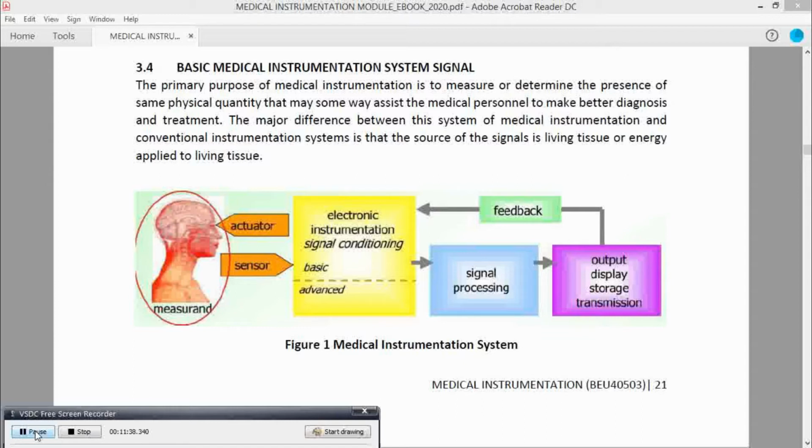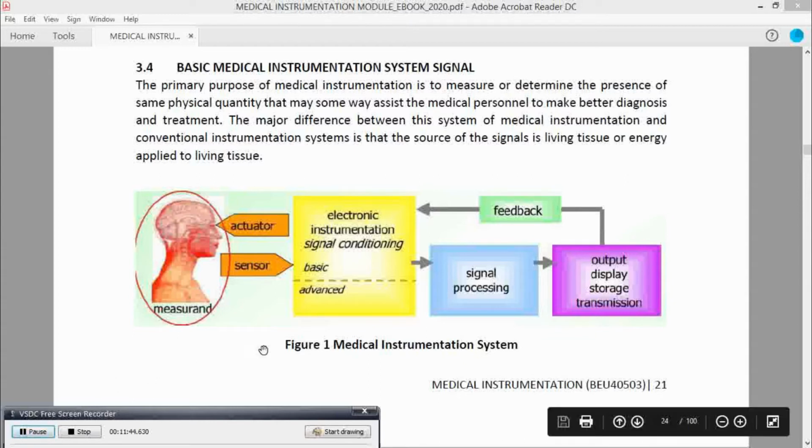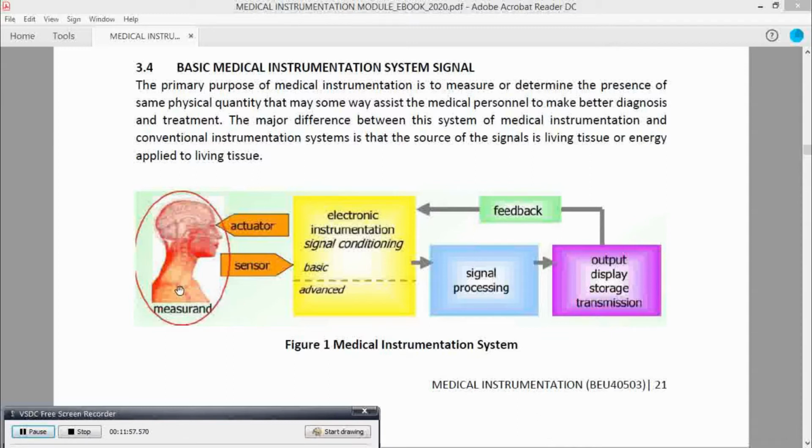Let's look at the basic medical instrumentation system. This is the complete block diagram. So if people ask you what the medical instrumentation system looks like, this is it. The measurand means the subject that is in contact with the system where we are doing the measurement.